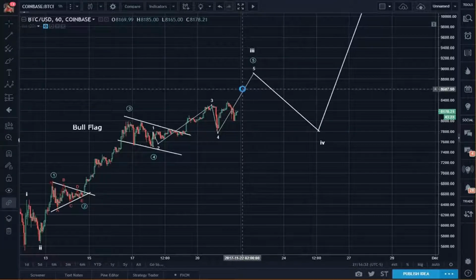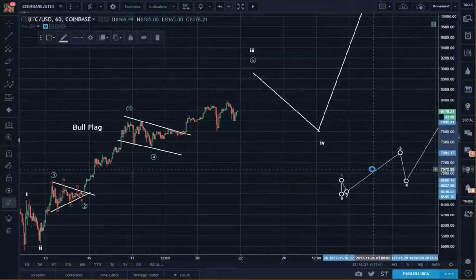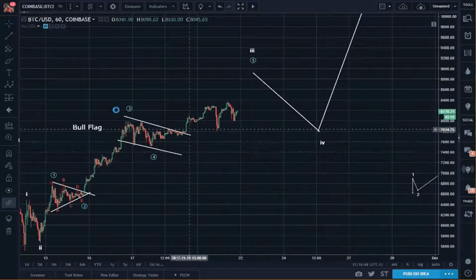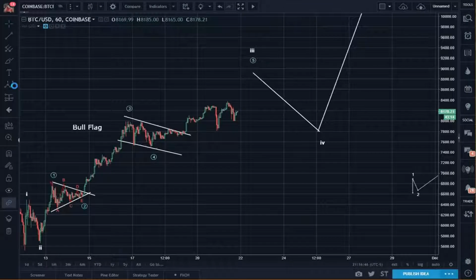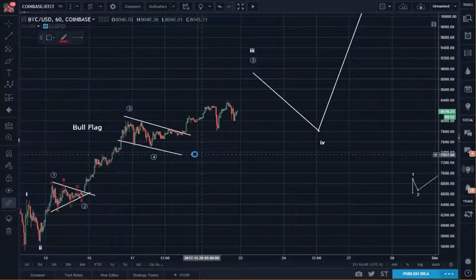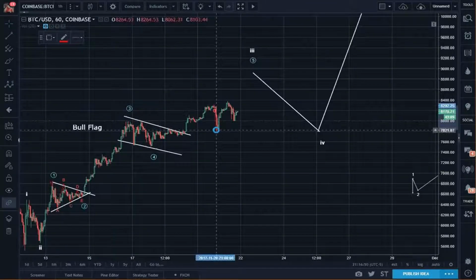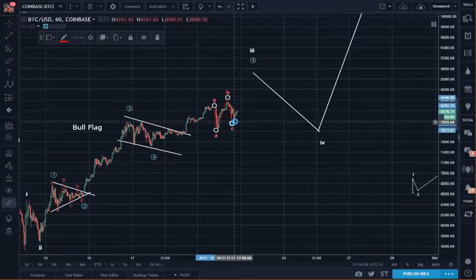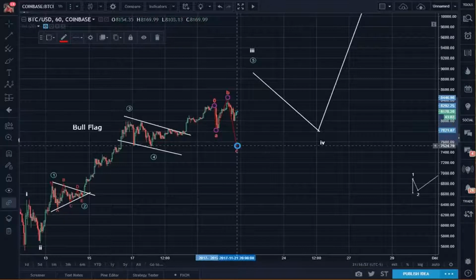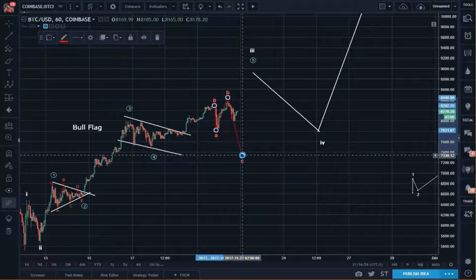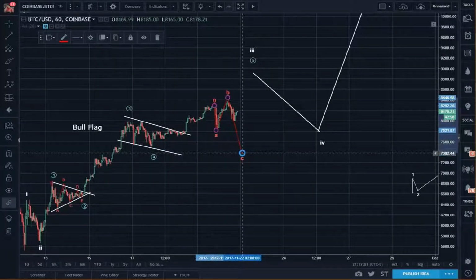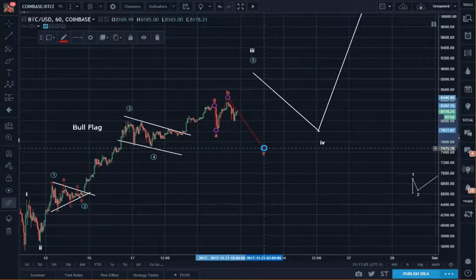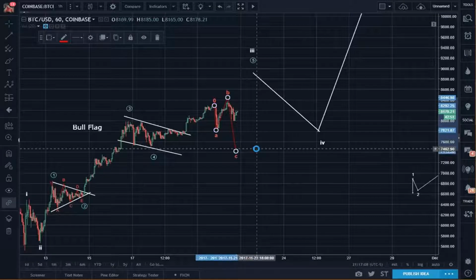The only caution I would give would be the alternate count is still up. We now can see an expanded flat where this C can traverse to maybe the region of wave 4, like this.